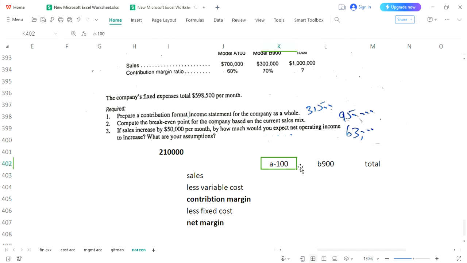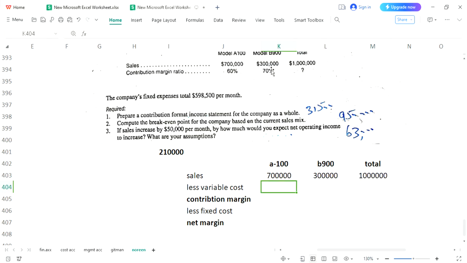That is why we have written separately. All right, so now sales for product A is 7 lakh. You can put 7 lakh over here, and then we have sale of the second product, 3 lakh, put over here. Total sale is 1 million, already mentioned above.